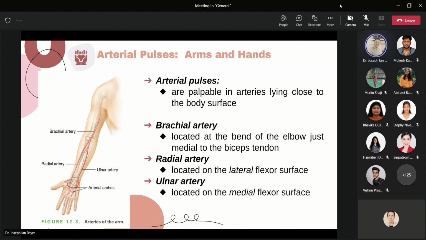Then your radial artery is on the lateral flexor surface of the forearm, but the pulsations are usually at the wrist. Then your ulnar artery is located on the medial flexor surface.